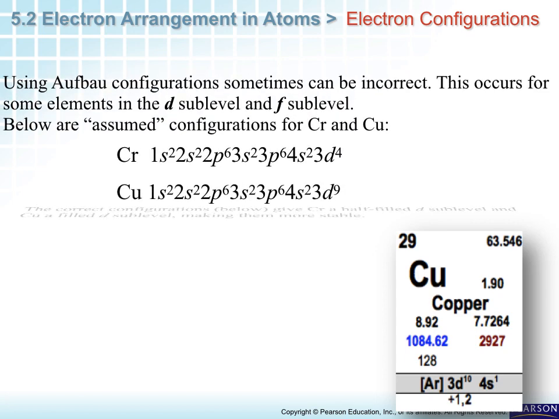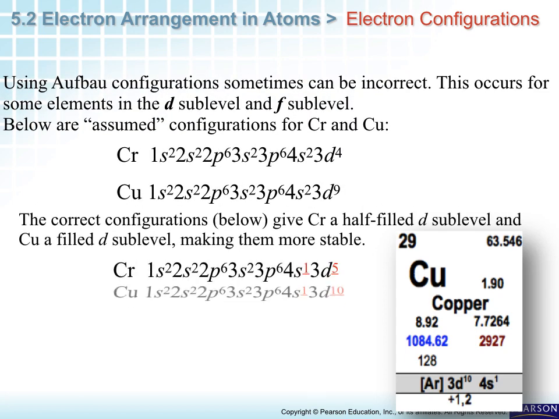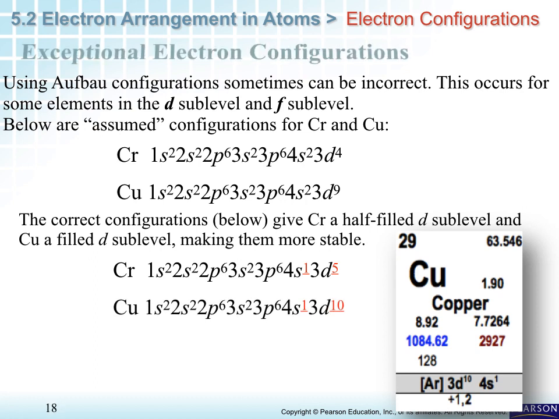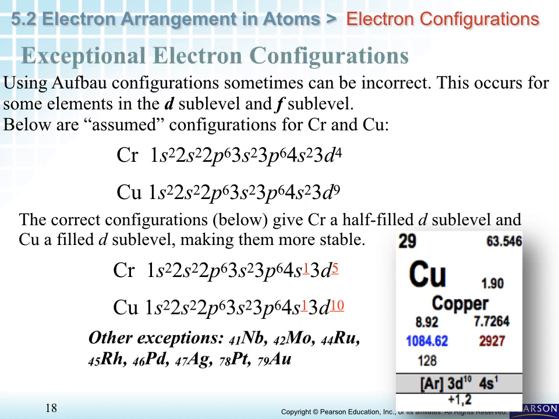Now, sometimes using Aufbau is incorrect. And these are called exceptions. Using Aufbau can be incorrect for certain elements in the d sublevel or the f sublevel. So we're going to look at numbers 24 and 29. Number 24 is chromium, like chrome wheels.